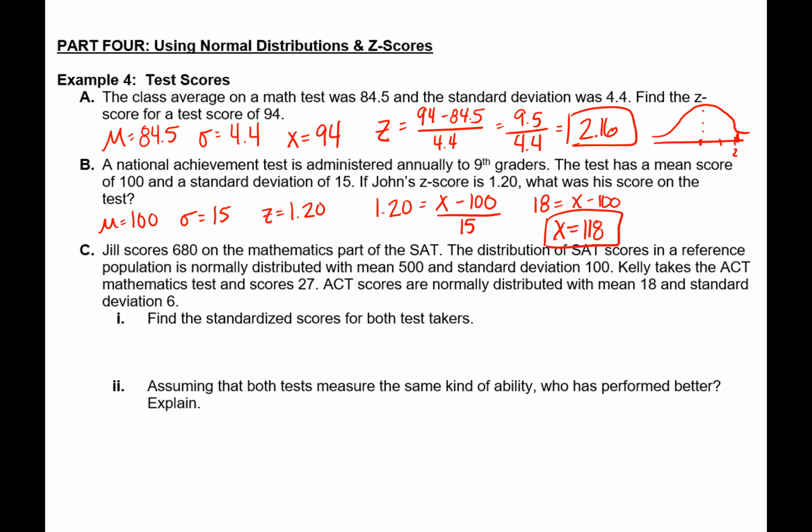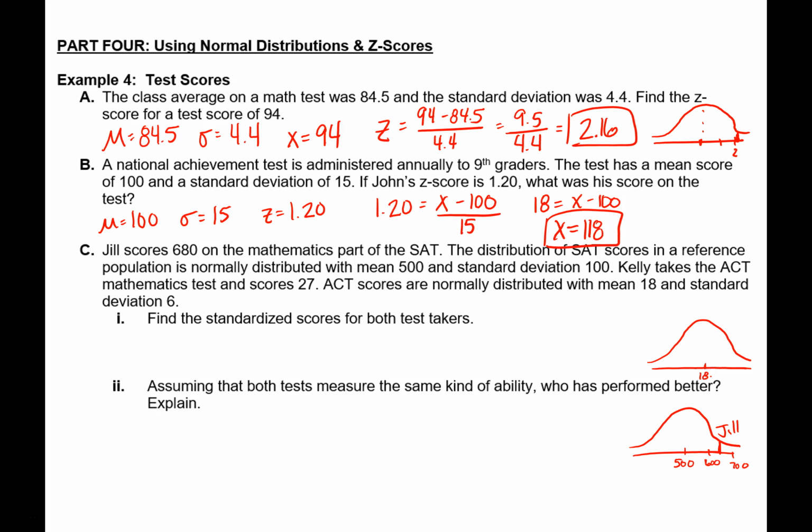So notice here that I have two completely different x-axes. If I'm looking at Jill down here, Jill has a score of a 680, but the mean was 500. With that standard deviation, so she's up here somewhere. This is Jill. That's great. She did better than the average. If we look at Kelly, on hers, our mean was only 18.